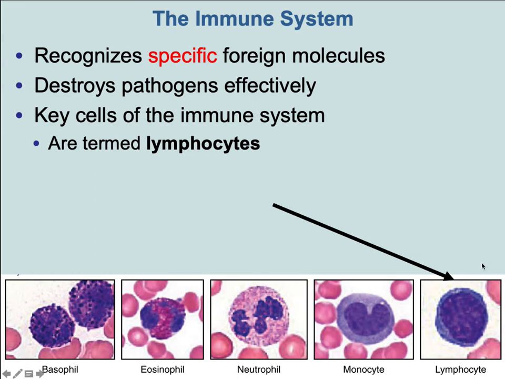These immune cells, they recognize specific foreign particles, and they're able to destroy these intruders effectively. So one of the key cells making up the immune system are the lymphocytes. The T cells and the B cells, or T lymphocytes and B lymphocytes, when you look at them microscopically, you can't really tell them apart. Okay. So they're both going to look like this.